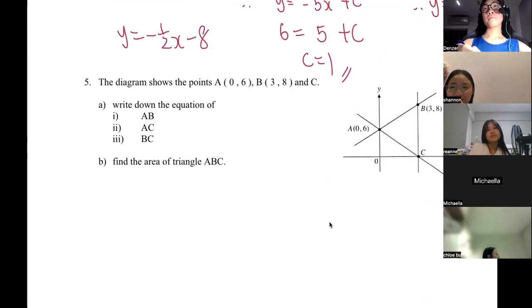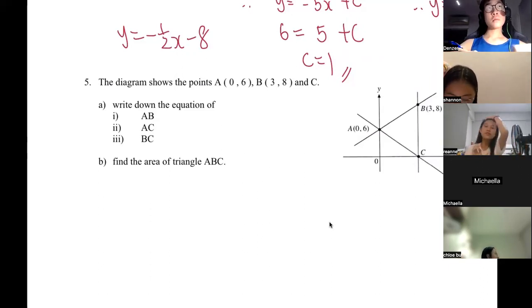Okay, Rian, yours is correct for the first one. Wasted. Shannon, wait. Shannon, your first one, the C again, careless. Alamak, I see your mistake already. You go and find it yourself, huh?